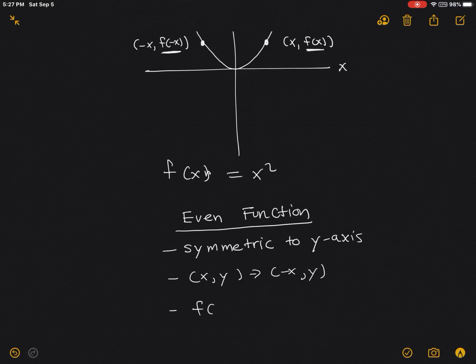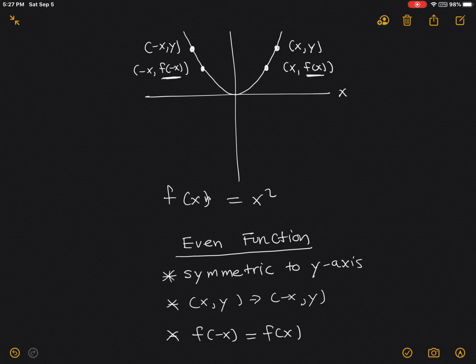So you can say f of negative x is just equal to f of x itself. So three things are true of even functions. They're symmetric to the y-axis, x comma y becomes negative x comma y, and f of negative x is equal to f of x, because these two y values are the same. That's true of all even functions.